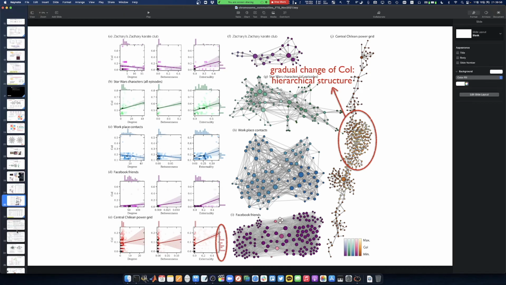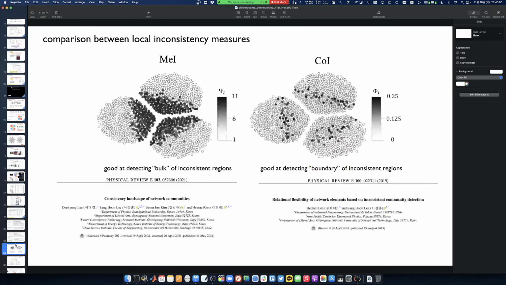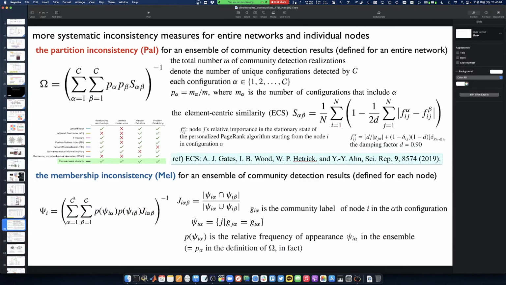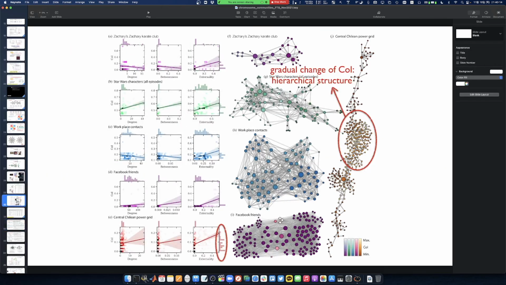If I remember correctly, most of these results are from 100 trials, or if Daekyung is in the audience, maybe he can give a better answer. But we haven't systematically studied the dependency of the reliability on this. So that's a very helpful comment that we should be considering.